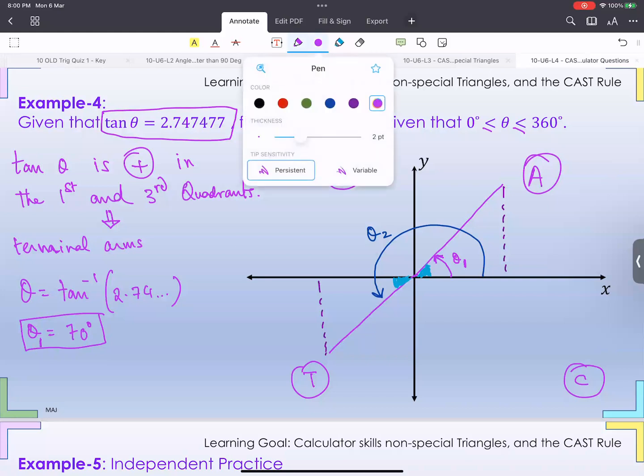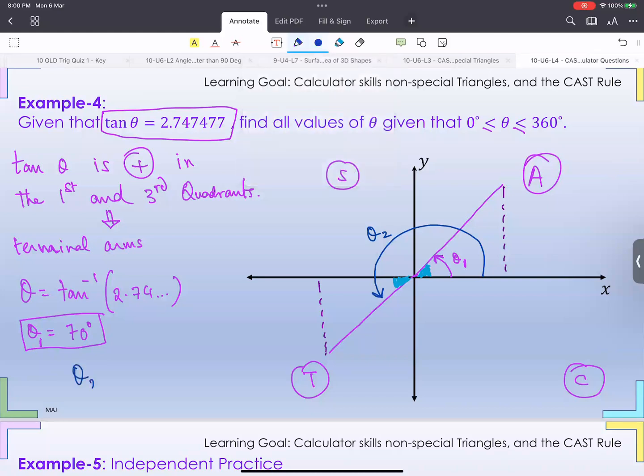The second solution, theta 2, is, so this is 180 degrees, right? So 180 degrees plus that value. So 180 degrees plus 70 degrees. What does that give me? 250 degrees.